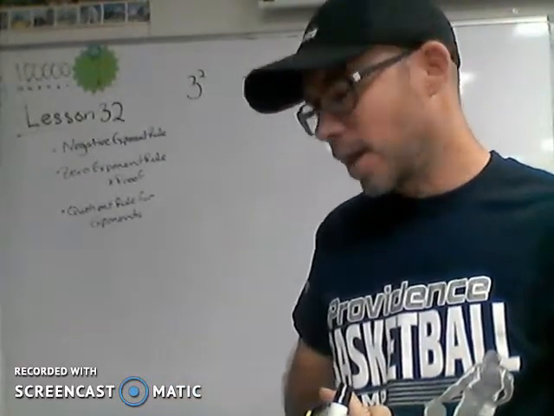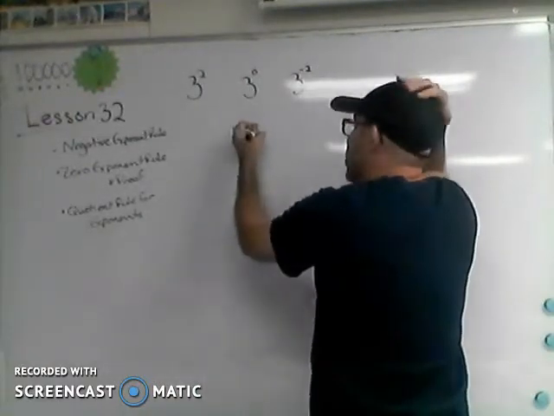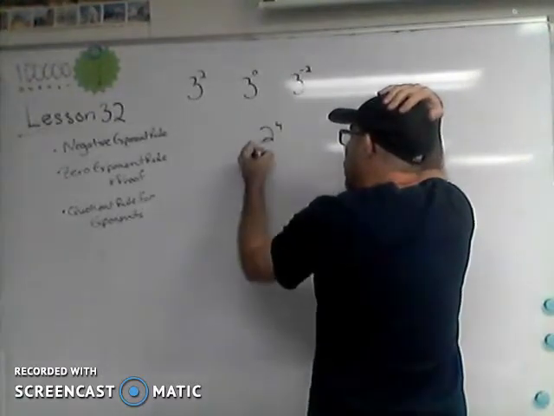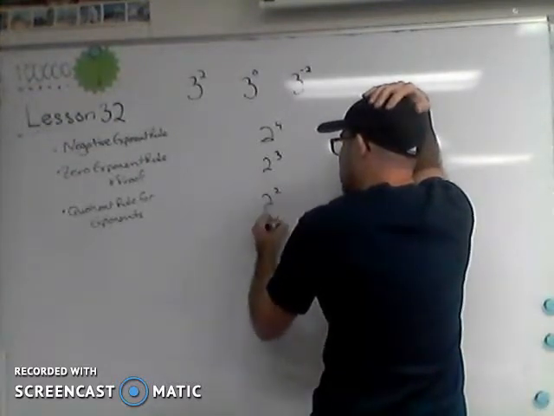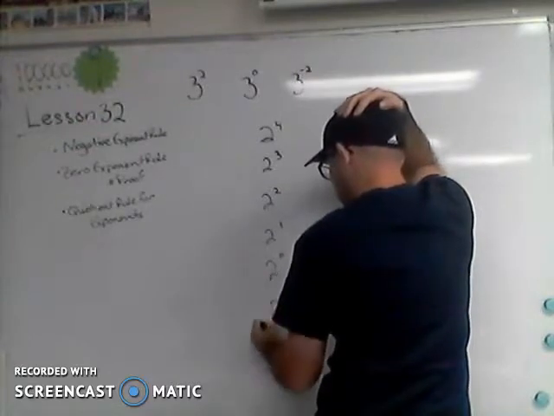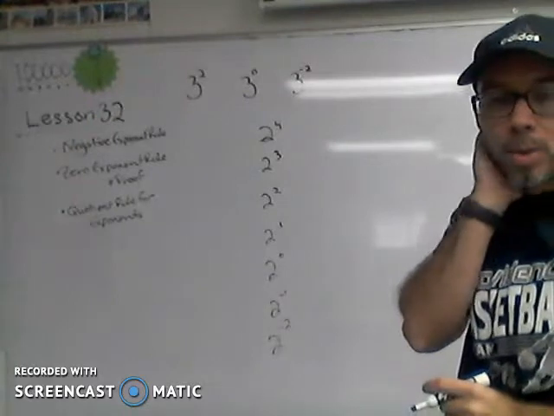So let's back up a little bit and let's take those powers of 2, and we'll start at 2 to the 4th, and then we're just going to run this down until we run into what seems to be a problem. 2 to various powers.